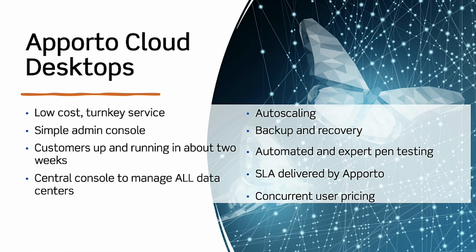If you try to move to the cloud, they're going to ask you to move on a named user basis, which becomes very, very expensive very quickly. We deliver it on very attractive concurrent user basis. Yeah, I don't think you can overstate the importance of that concurrent user pricing and moving to the cloud. That's a pretty key differentiator.